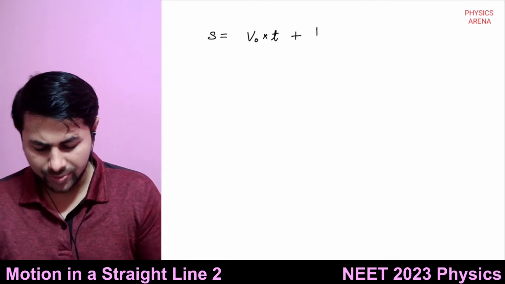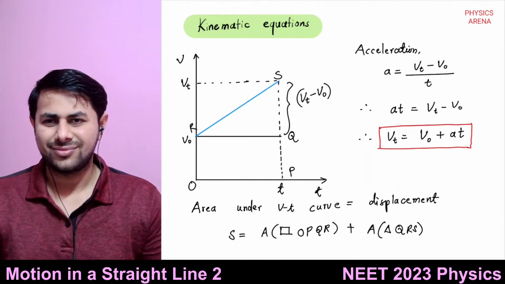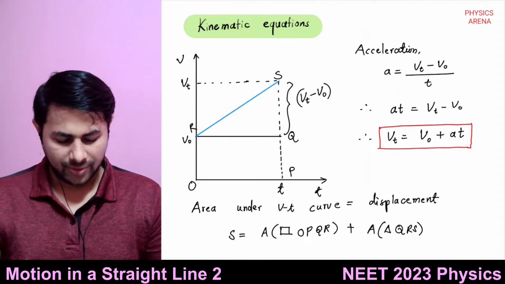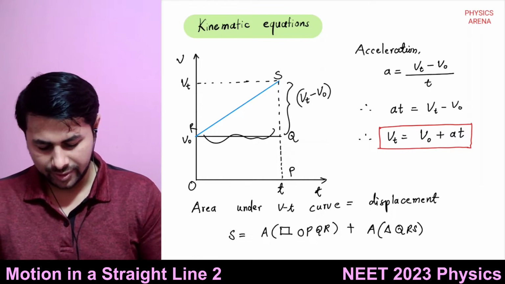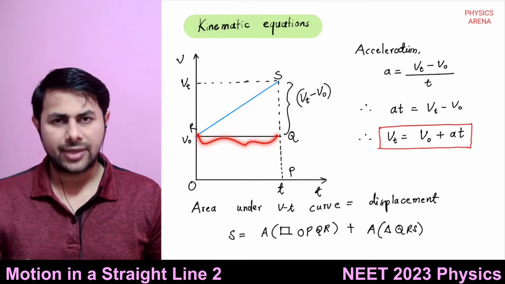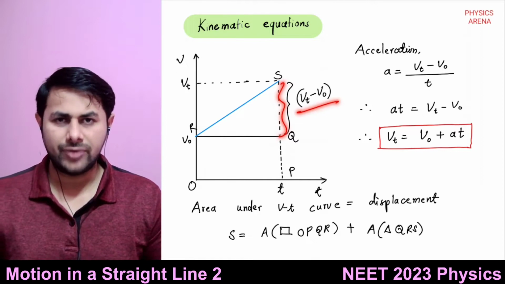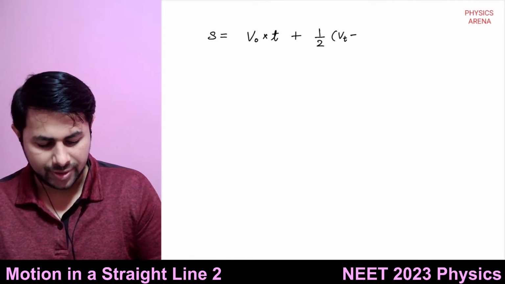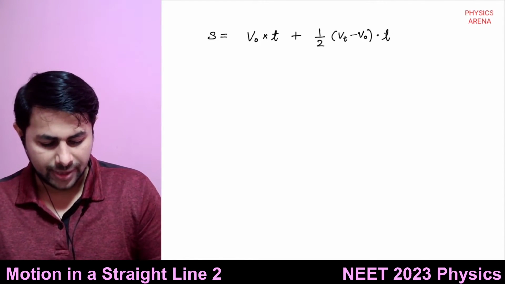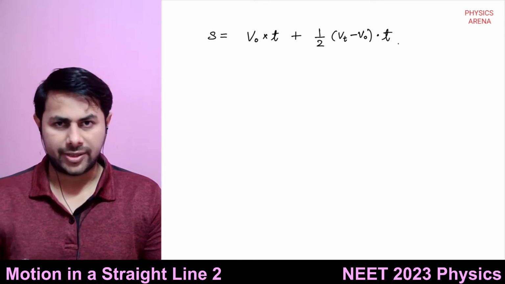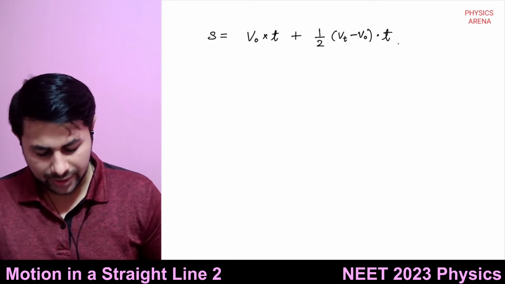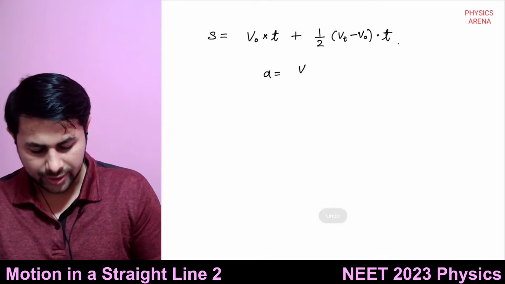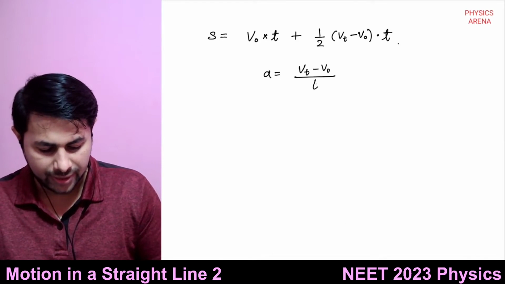And what is the area of a triangle? One by 2 breadth into height, so it is half of base multiplied by height. The base is equal to time and height is Vt minus V0. So we can write it as half of V at time t minus V0, multiplied by t, which is the base. I know that acceleration is Vt minus V0 divided by t.